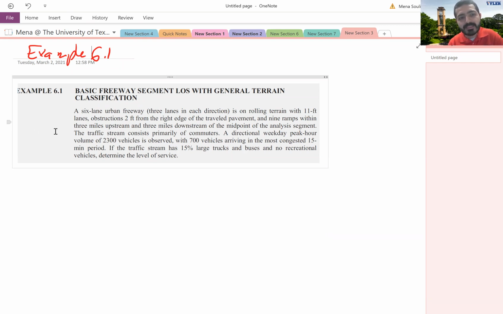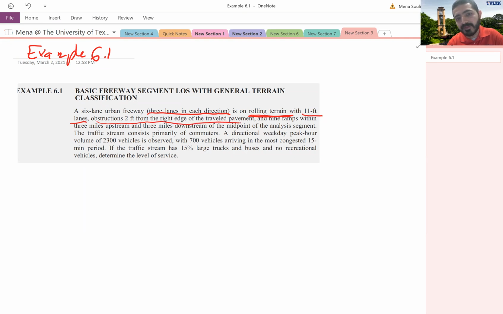So it's a six lane urban freeway. Why do we need to know 6 lanes, which is 3 lanes per direction? Because that's gonna help us to get the correction factors for the free flow speed. It's on a rolling terrain, and that is also important, with 11 feet wide lanes, obstructions of 2 feet from the right edge of the traveled pavement.